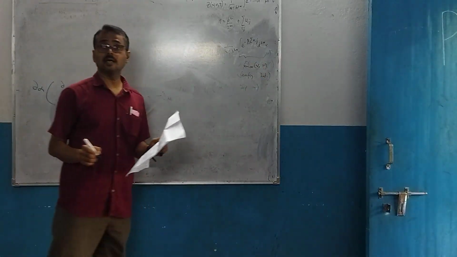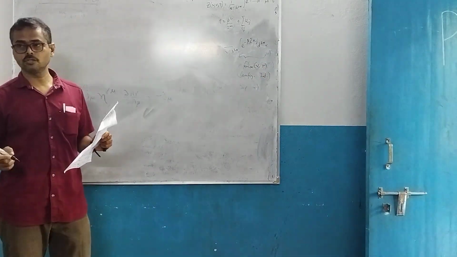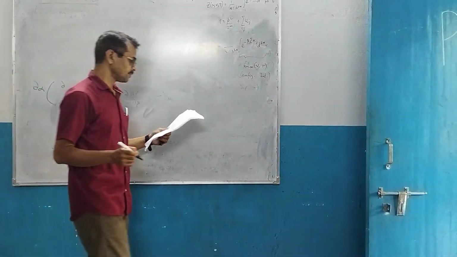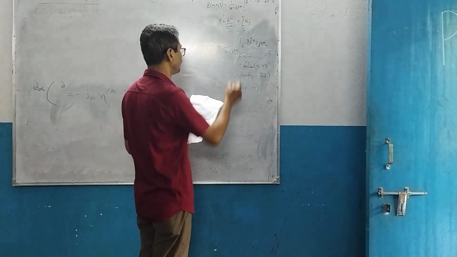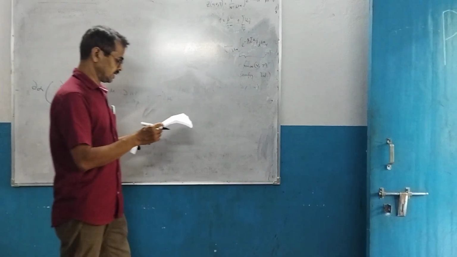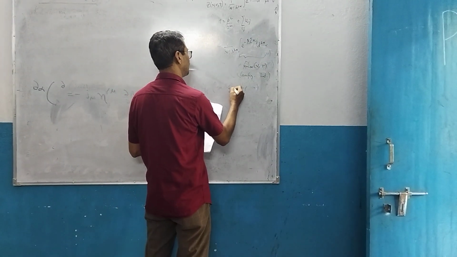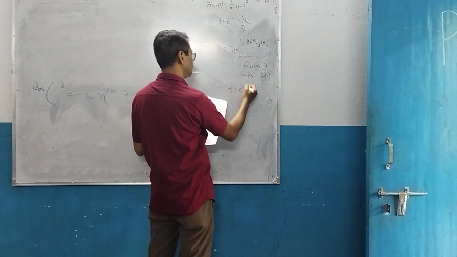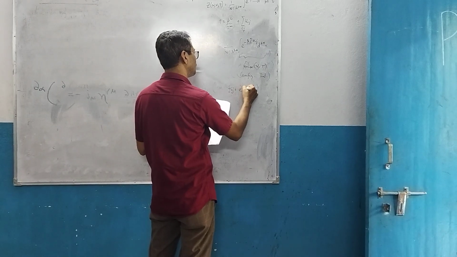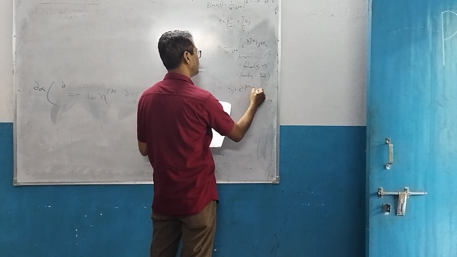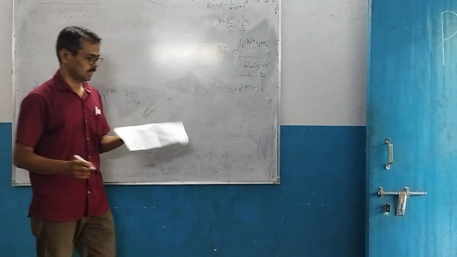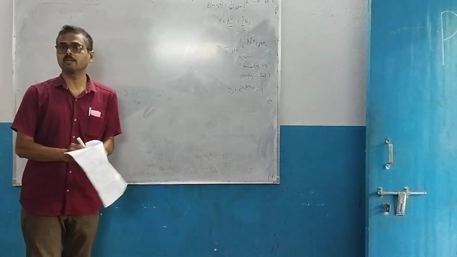And what Mayer did, Mayer and Ursell's formula, what Mayer did was to assume that this Mayer's function f_ij would be e to the power minus beta u_ij minus 1. Okay. Why was this so important?